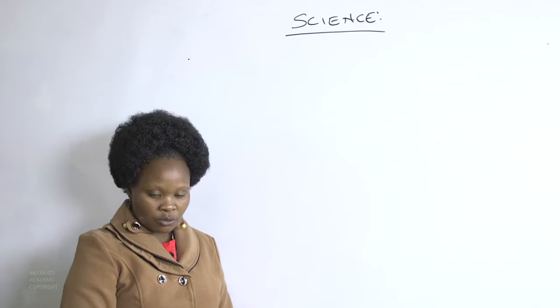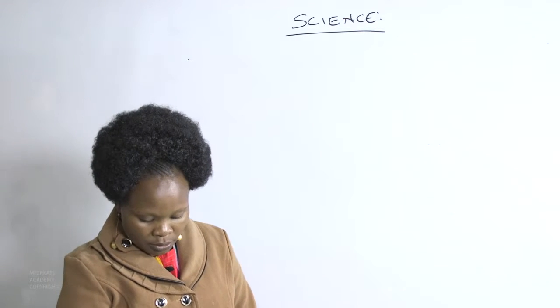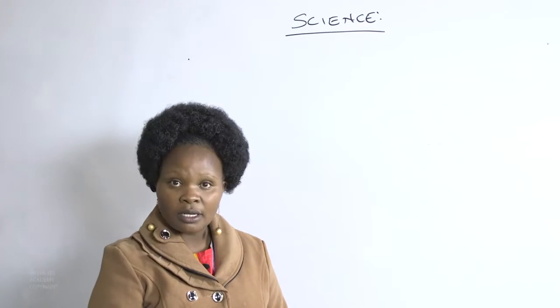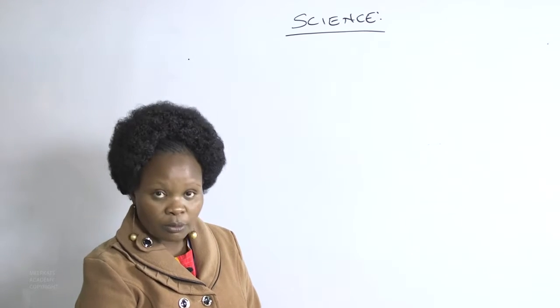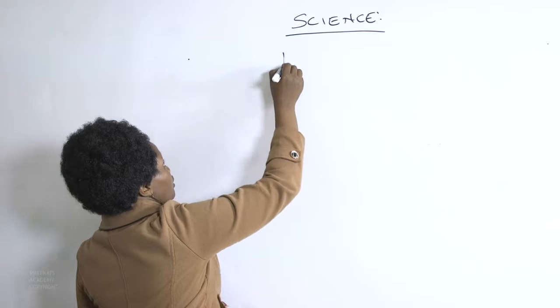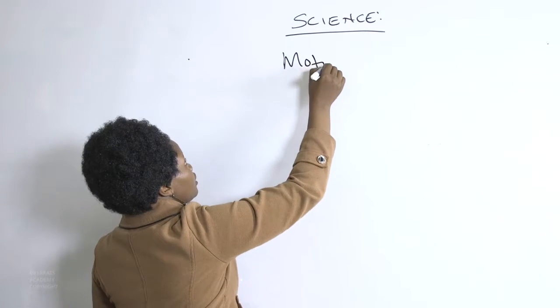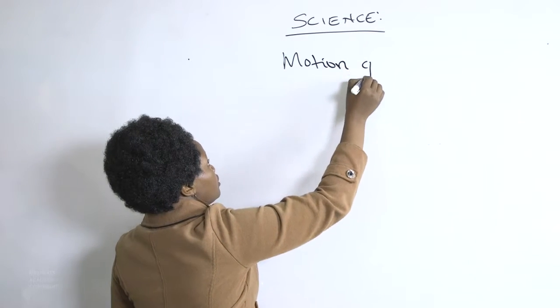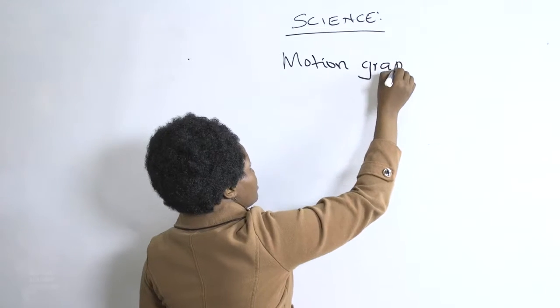We are still on motion and we want to look at the very last aspect of linear motion, which we call the motion graphs.